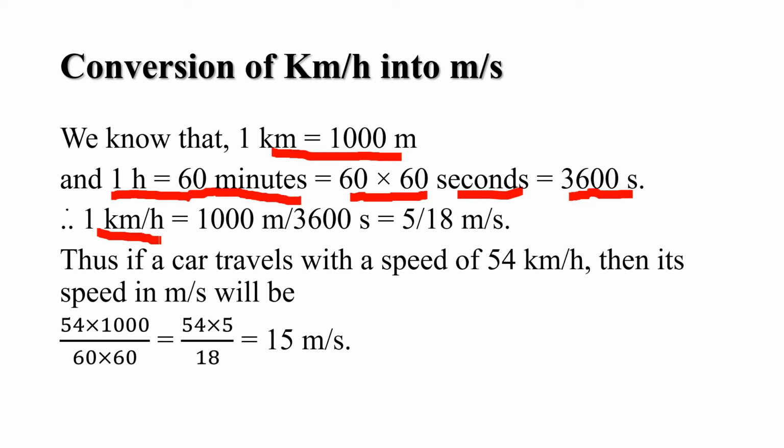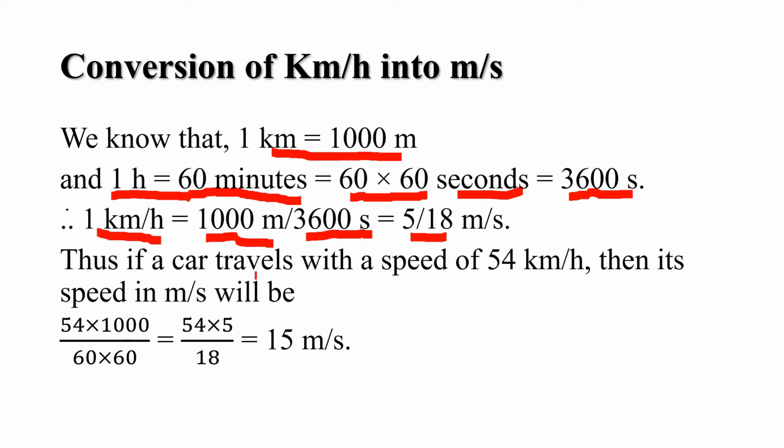So 1 kilometer per hour will be 1000 meter upon 3600 seconds. This is equal to 5 upon 18 meter per second. It means 1 kilometer per hour is equal to 5 upon 18 meter per second.